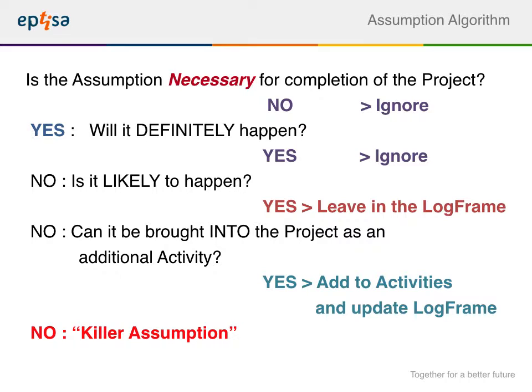An assumption which is unlikely to happen could be the result of a failed project. So these assumptions have to be consistent with the overall needs of the project. They have to be consistent with the deliverables of the project, and it has to be something that can be monitored effectively.